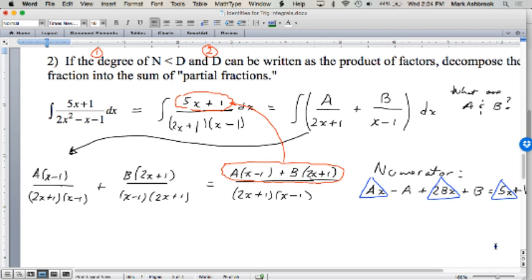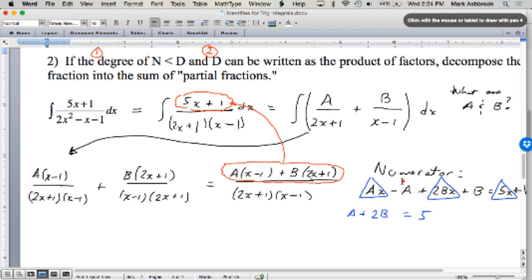So we're going to gather those together. Since they all have x's, all we care about is the coefficient. So what do we know? a plus 2b should equal 5. Right? If ax plus 2bx equals 5x, then a plus 2b equals 5.